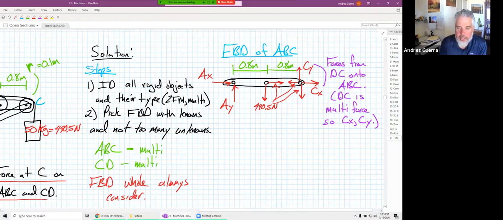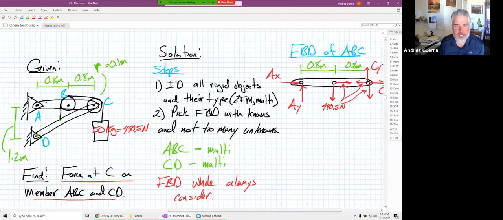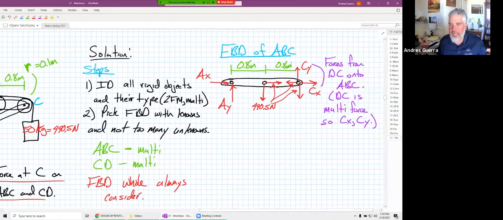Okay, now let's look at why I drew this FBD first as compared to the other options. The reason that this one is going to work, really two things. What are we looking for in this problem? We are specifically asked to find the forces at C. So if I want to find forces at C, I need to expose those forces. So that's one of the reasons why I picked this FBD.